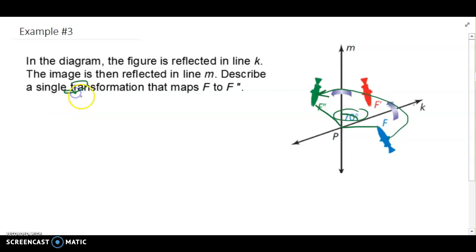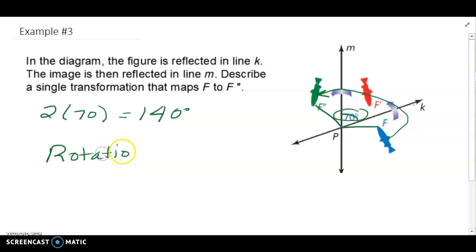So 2 times 70 is 140 degrees. So it's just a rotation around point P, 140 degrees.